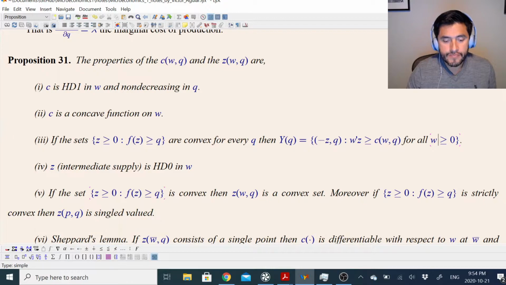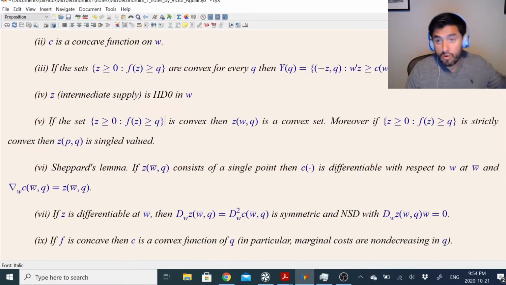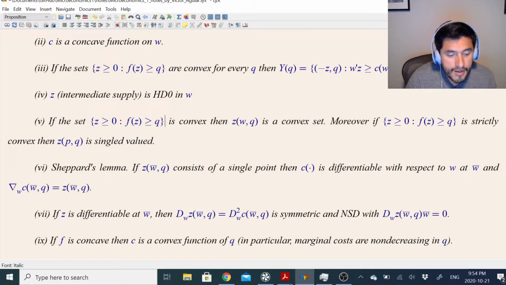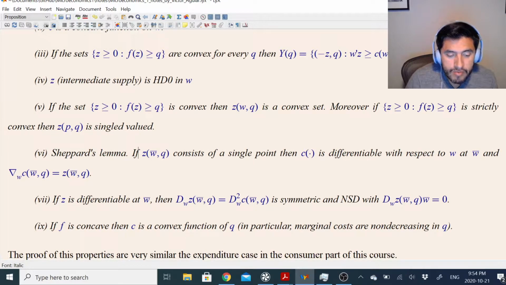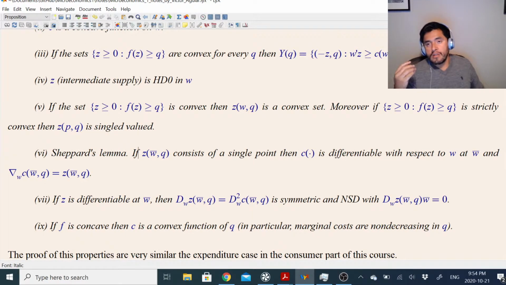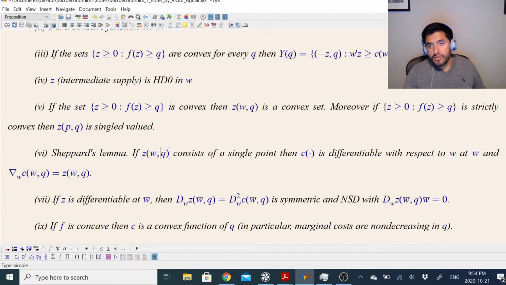Okay, so that's what this is. It's very easy. And now it's just following the expenditure function. And now remember that we have this envelope theorem application for the profits and for the expenditure function. Here it is the same. It's called Shephard's lemma, and basically it tells you that the demand of inputs or factors, whenever it's a function and it's differentiable, is actually just the gradient of the cost.